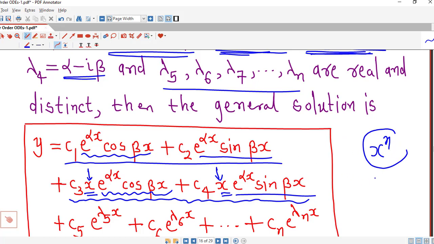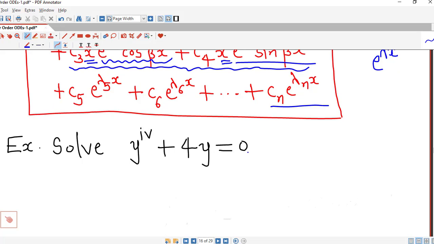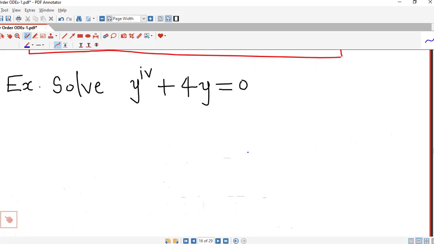And in the case of real roots, the function we are using is e raised to lambda x, and in the case of complex roots we are using e raised to alpha x cos beta x, e raised to alpha x sin beta x. So we consider one problem here.